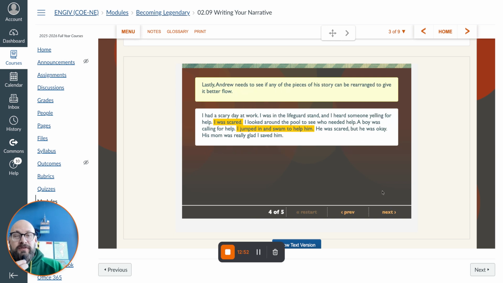Lastly, Andrew needs to see if any of the pieces of the story can be rearranged to give it better flow. So, you may have a much younger sibling or a younger cousin who is just getting to the talking stage.